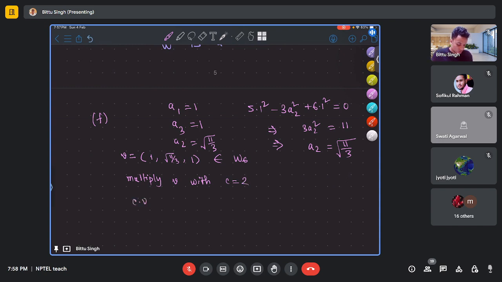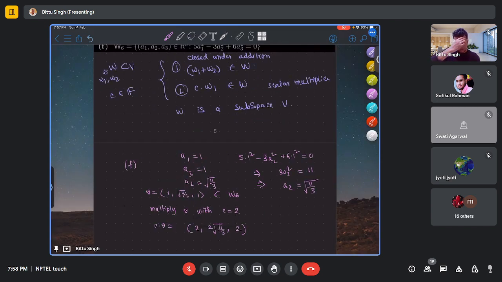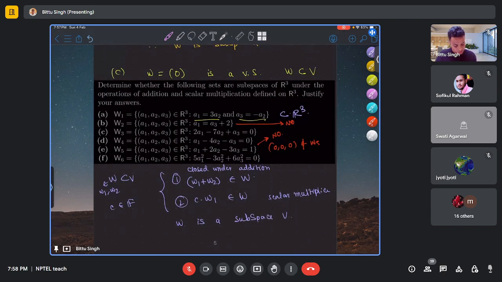Then c times v will be (2, 2 root 11 by 3, 2). Now, does c dot v satisfy the condition? Let us see.